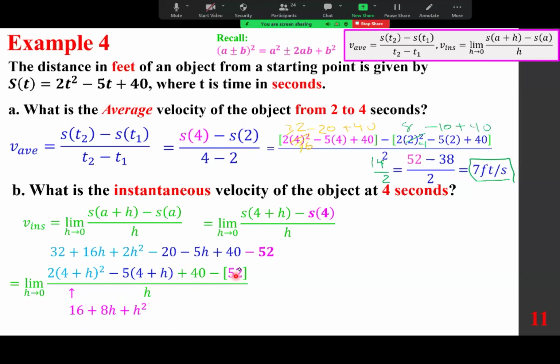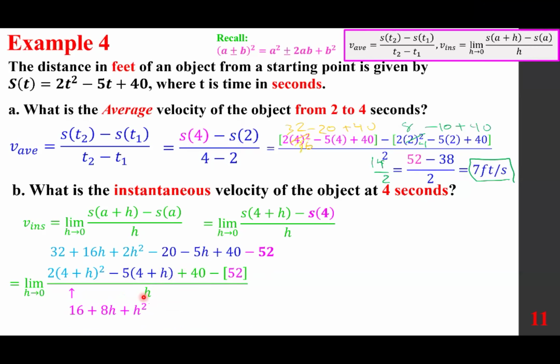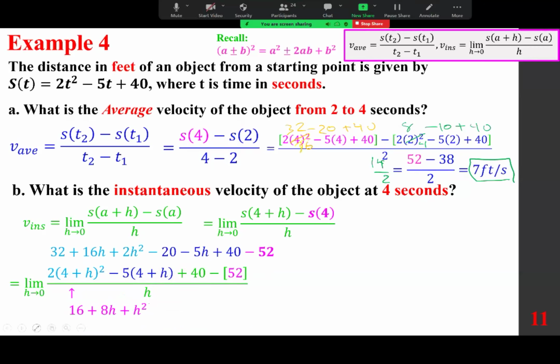We want to make sure that we know what's going on. Very straightforward. First and foremost, look at the numbers, class. The numbers 32 minus 20 plus 40 minus 52 add up to 0. They cancel each other, because it's really 72 minus 72.